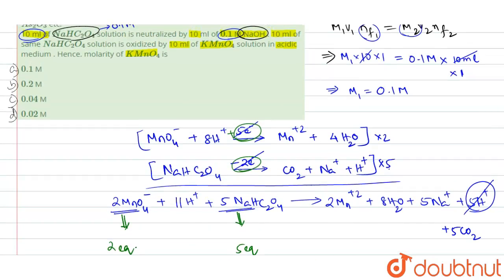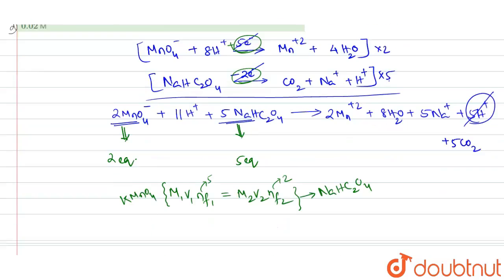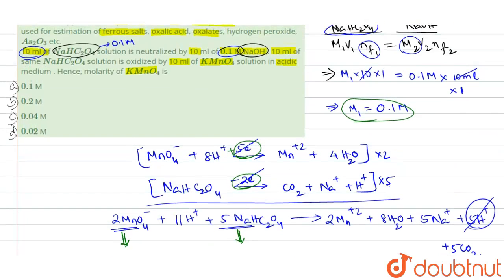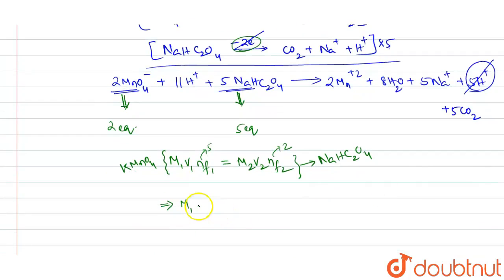Now we have already estimated the strength of NaHC2O4 solution, that is 0.1 molar. Here M1 is what we have to find out. V1, as given in the question, is 10 ml, the volume of KMnO4.